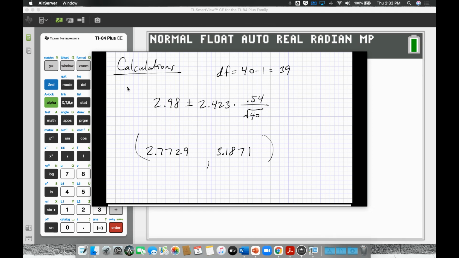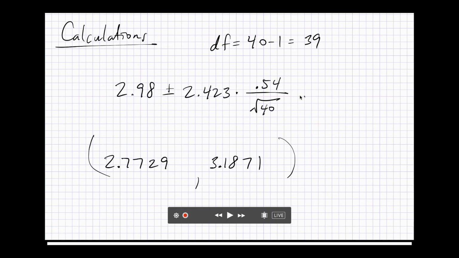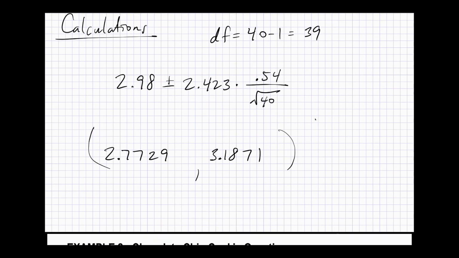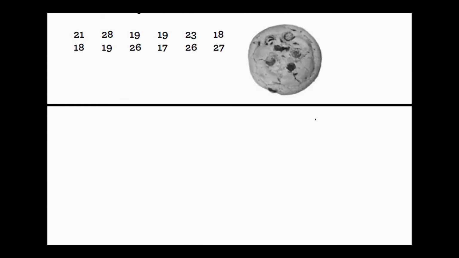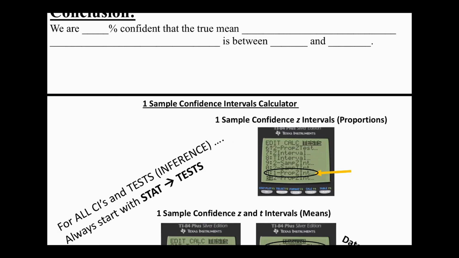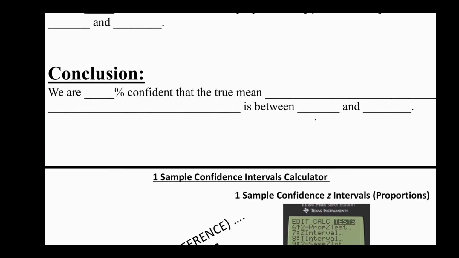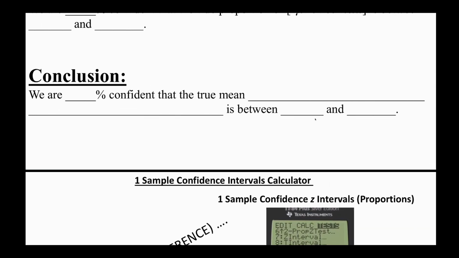Okay, so let's go back to this guy. The last thing is conclusion. So conclusion is the same conclusion, just one word differently. So the conclusion, where is it? Right here. We are blank percent confident that the true mean blank is between blank and blank.